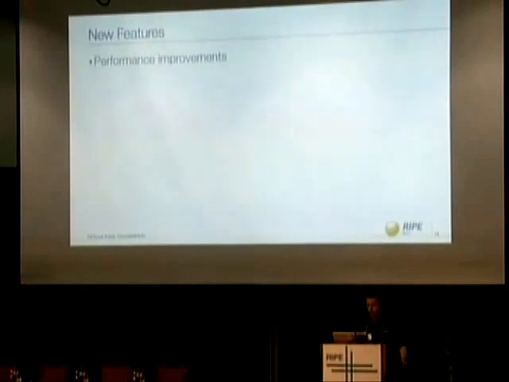Other new features we worked on: one was general performance improvements. For some of the data calls, we got a performance improvement of about 90%, which is, I think, quite amazing. Then we released the new RIPEstat mobile version.